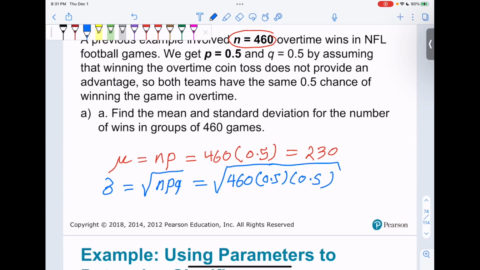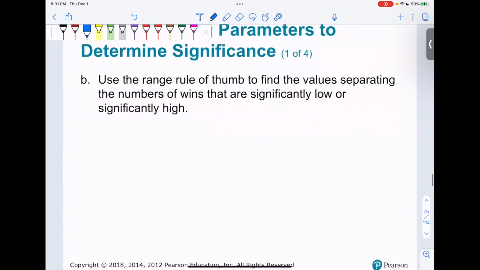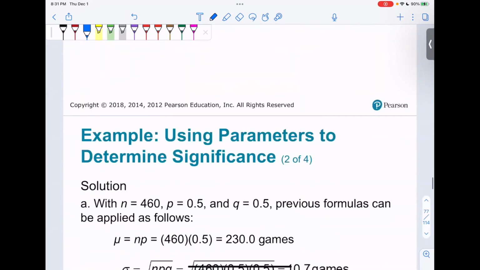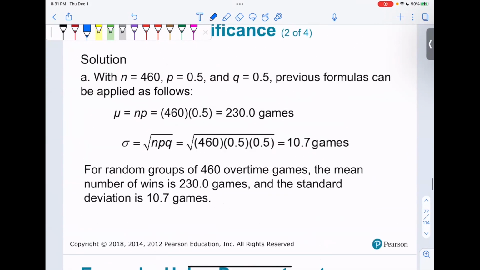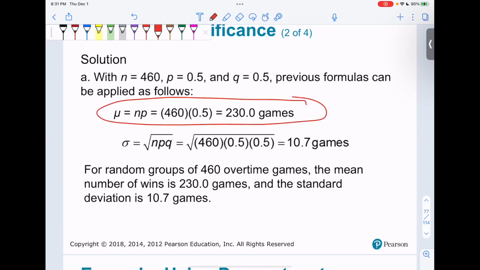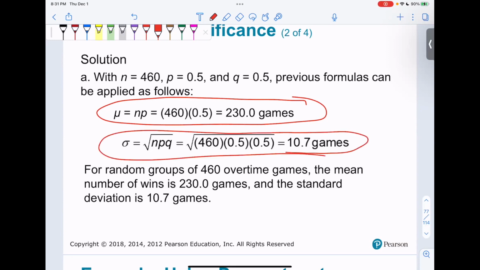I don't know the exact value, but if you look here, mu will be 230 games, and the standard deviation will be 10.7 games.